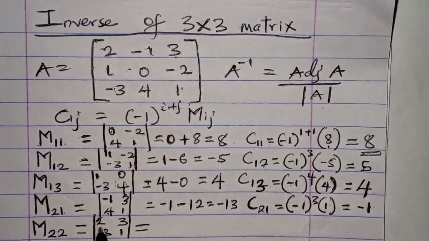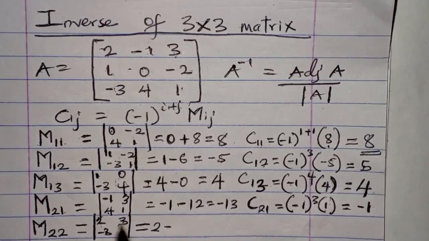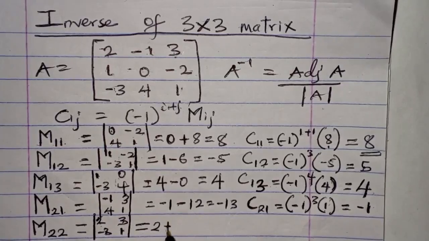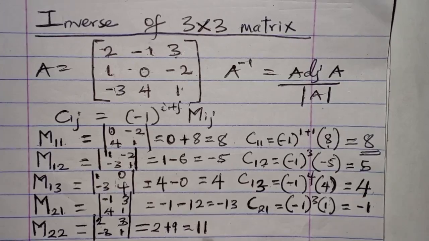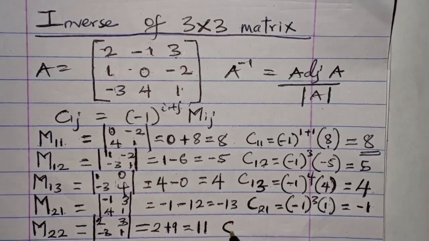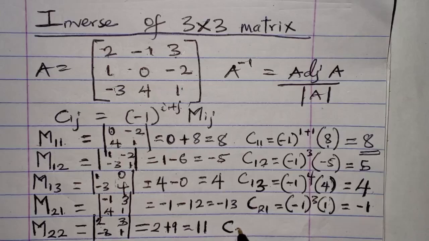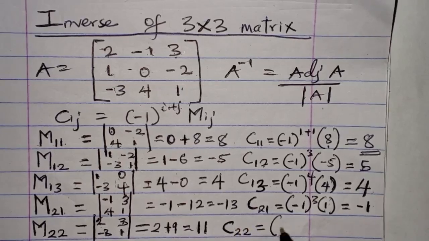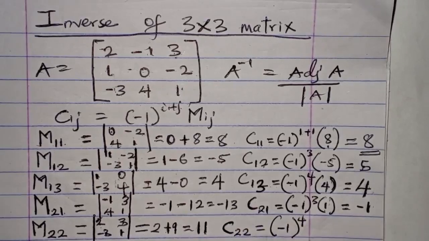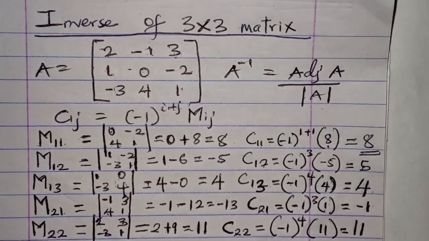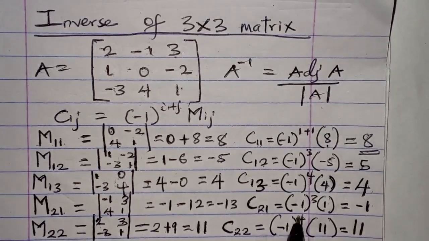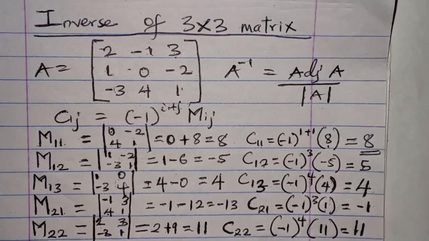And this is the determinant. 2 times 1 is 2, minus 3 times 3 is minus 9. So we have 2 plus 9, that will give us 11. And so the cofactor of the element 0, that's C22, is minus 1 to the fourth, because 2 plus 2 is 4, times the minor, which is 11. Minus 1 to the power of 4 is positive 1, times 11 is still 11.